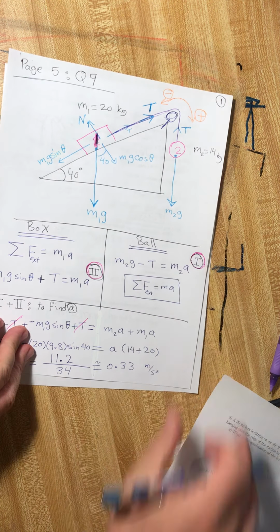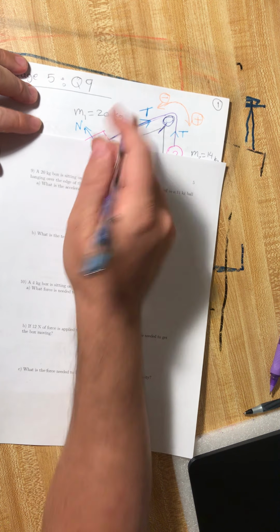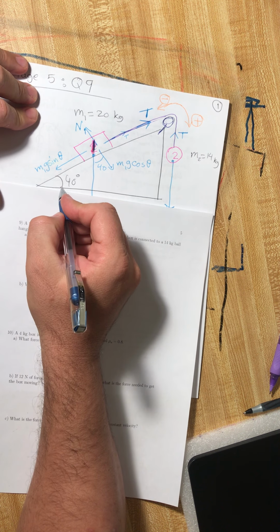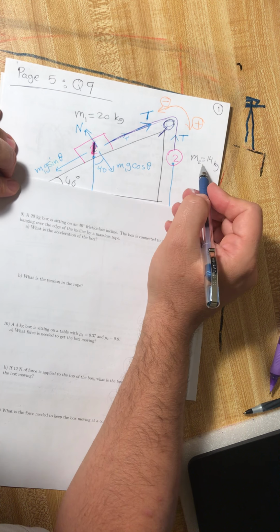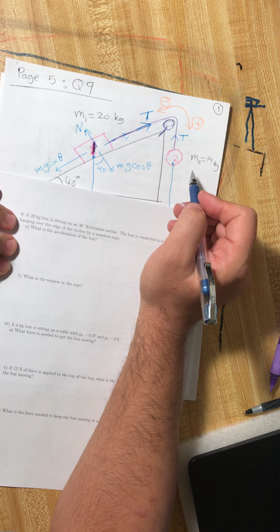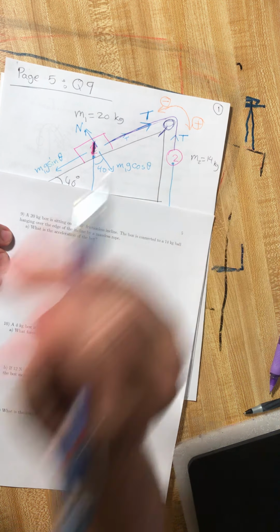The mass of the box is 20 kilograms. The angle of our level is 40 degrees, and the mass of the ball is 14 kilograms. We have a tension in the string here.